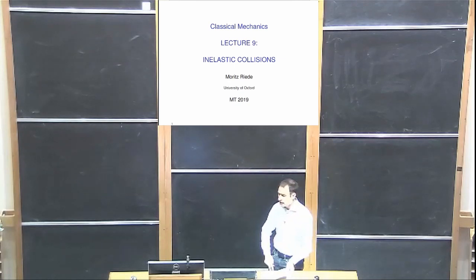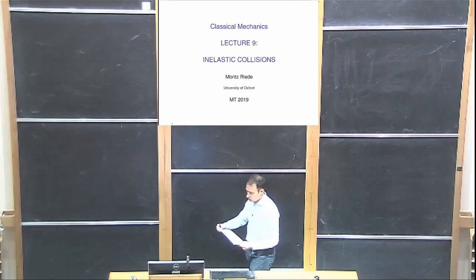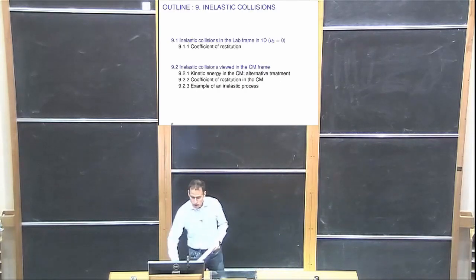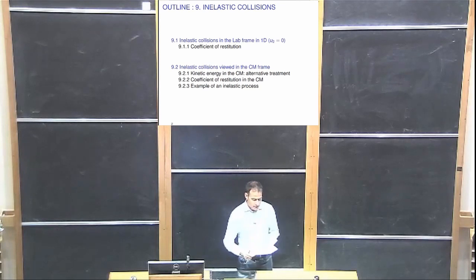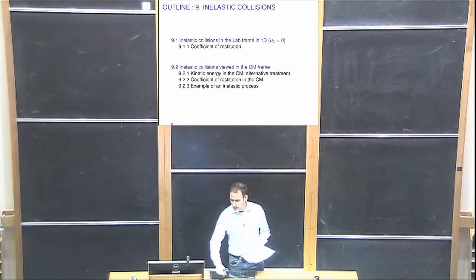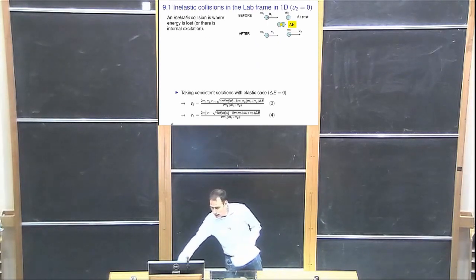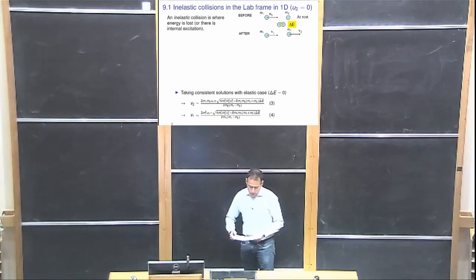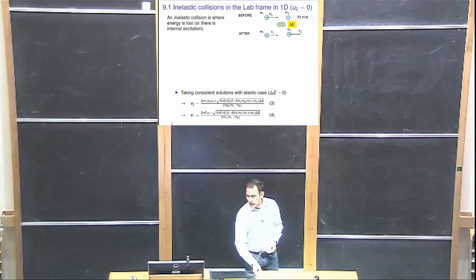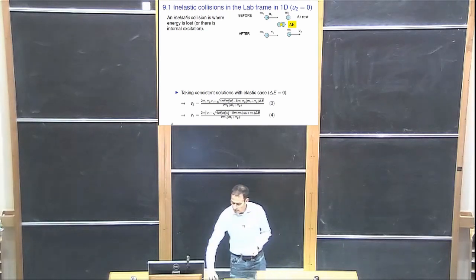So we're going to deal with inelastic collisions today. We'll do things in the lab frame, we'll do things in the center of mass frame as before, but we're going to see what happens there with the inelastic part. So this is kind of the simplest case you can imagine.